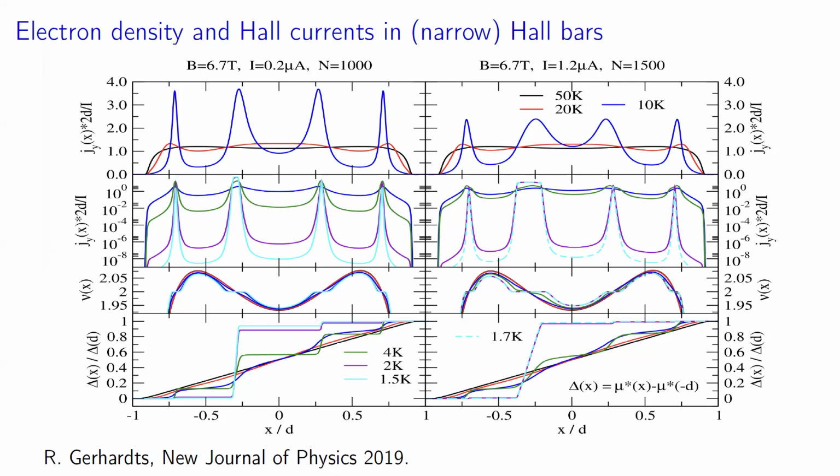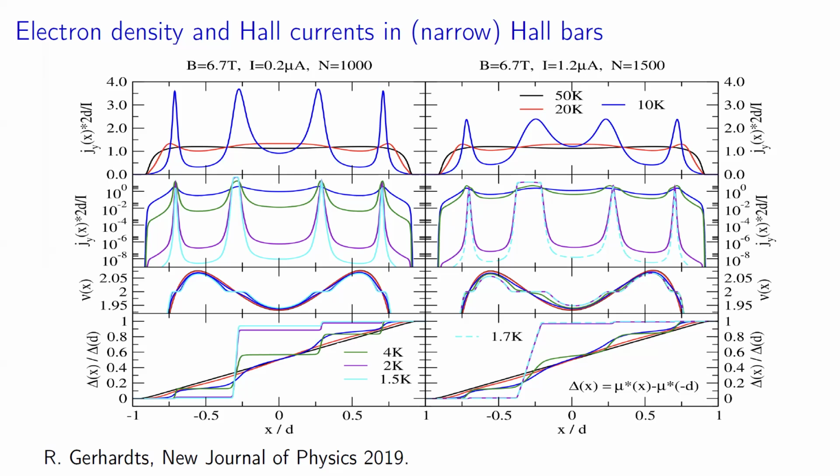And just to emphasize what you see here, the different colors are temperatures. So let's look at the lowest temperature. That's this light blue thing. And I'm sorry that it's not so visible, but I hope you get the idea. And actually, this looks so complicated because this was a picture where they tried to modulate the doping and see what the effect on these plateaus is.